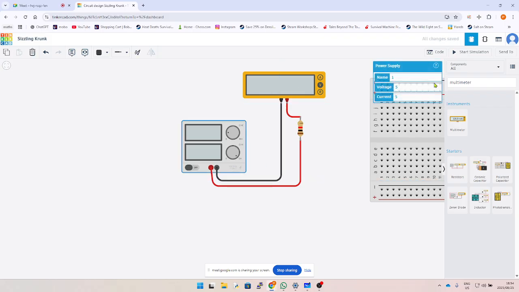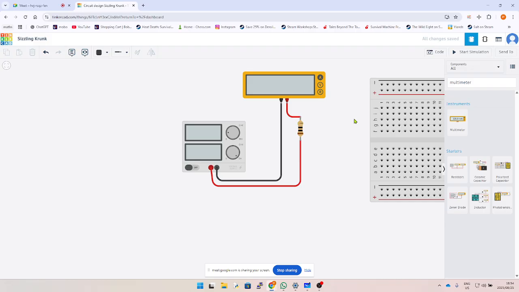Let's say we have 20 volts and this resistor is 10 ohms. To those of you who do know it, what amperage am I going to get off here? If the voltage is 20 volts and the resistor is 10 ohms, what amperage is this going to show?